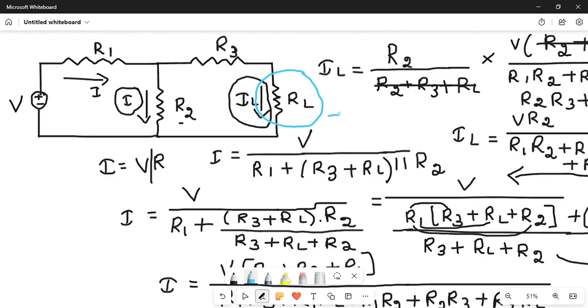So here I mentioned this as load impedance. This is the load impedance RL, wherein you are going to find out the current.